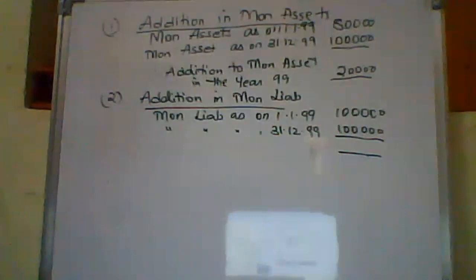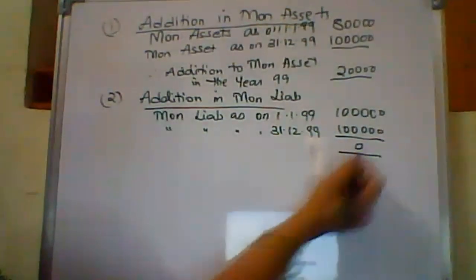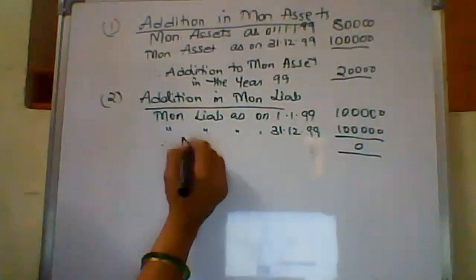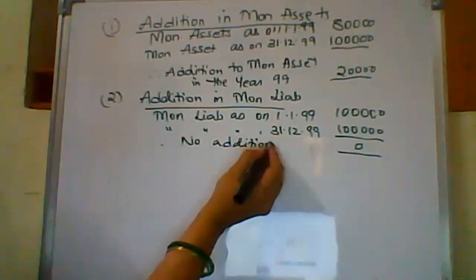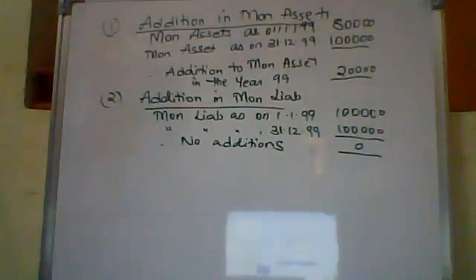So, do I have any additions which are there? 0. Therefore, no. Therefore, I don't have any additions in my monetary liabilities. Okay, so now what will I do? I will calculate the monetary gain or loss on the assets and the liabilities.